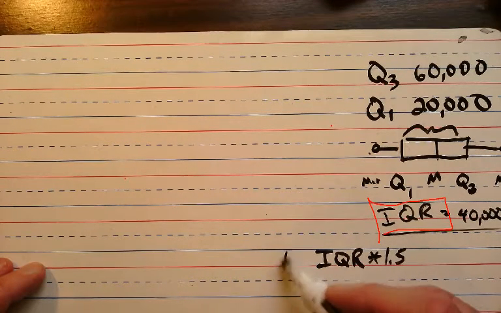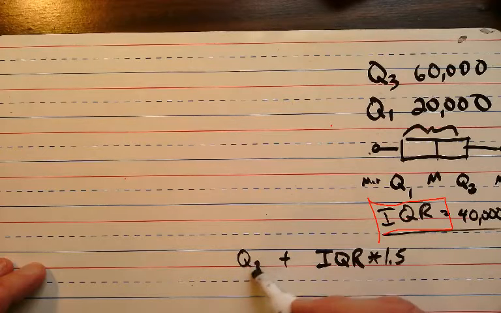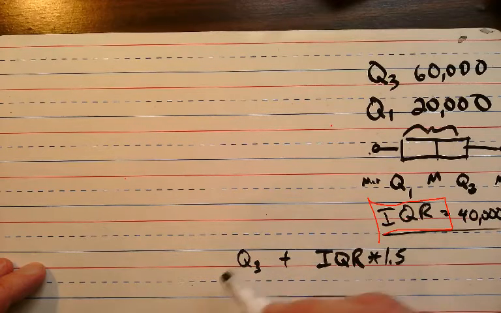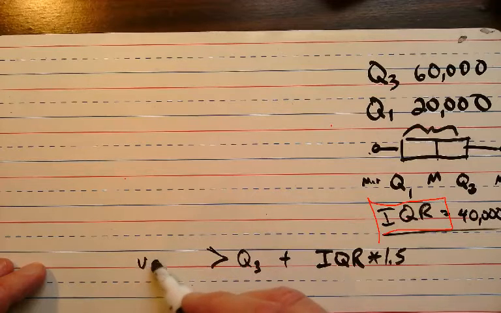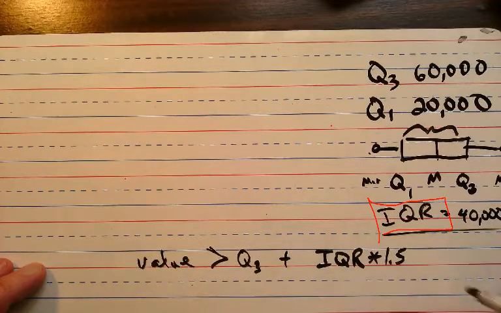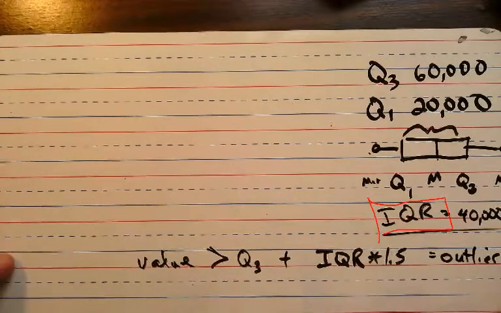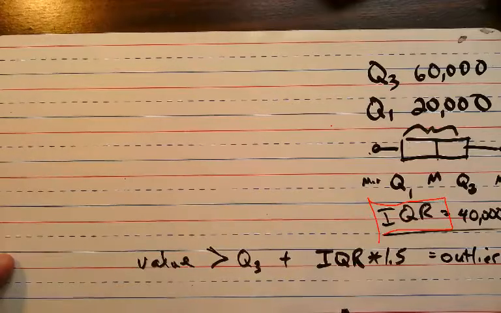And then we have to add it to Q3. And if you have a value on your chart that's bigger than that, then that's called an outlier. It means it's too big. It's not close to all the other numbers. It's outside of the range of the other numbers, right?